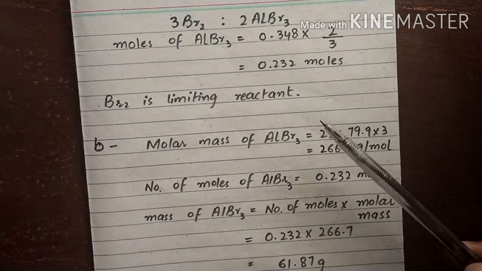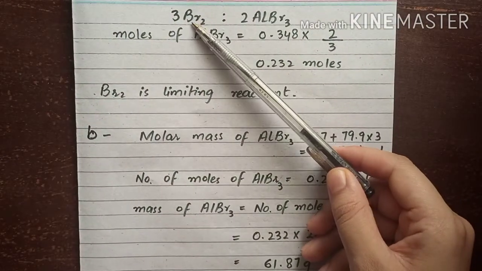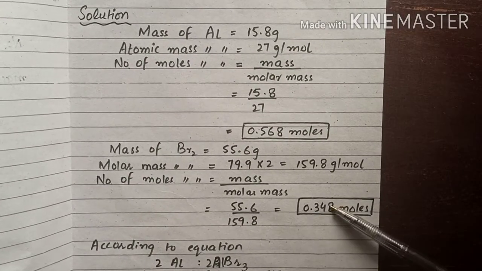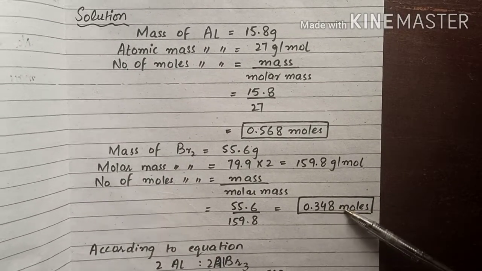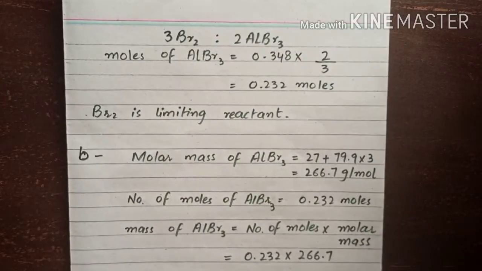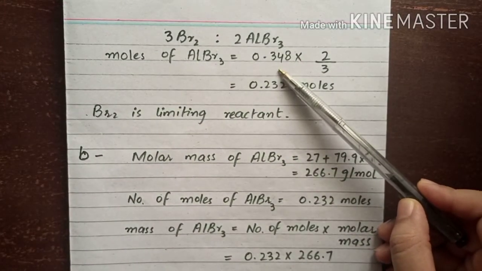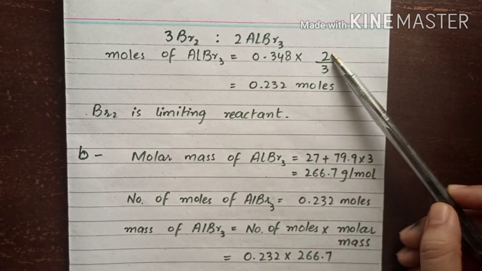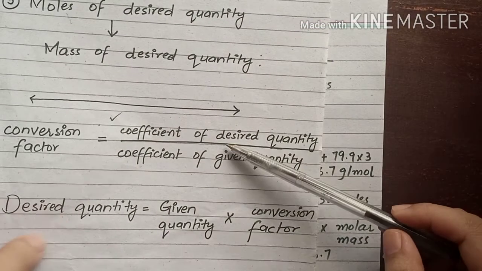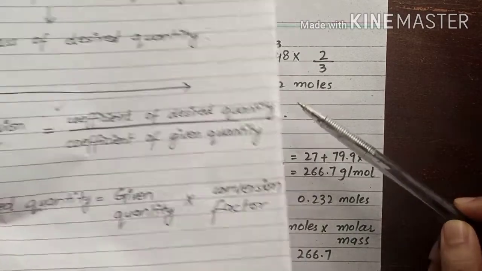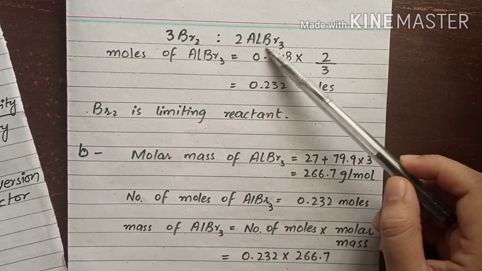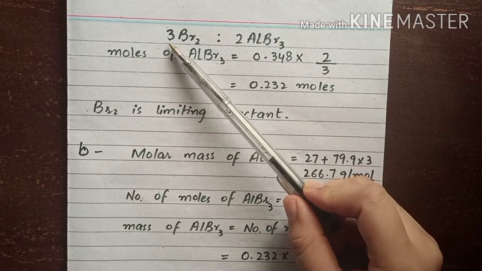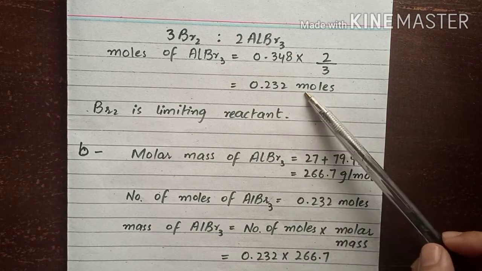The given quantity is the moles of bromine, which we calculated over here as 0.348 moles. We write it over here, 0.348, and multiply it with the conversion factor. The conversion factor is the coefficient of desired quantity, 2 for the aluminium bromide, divided by the coefficient of given quantity, which is 3, so you will get the answer 0.232 moles.